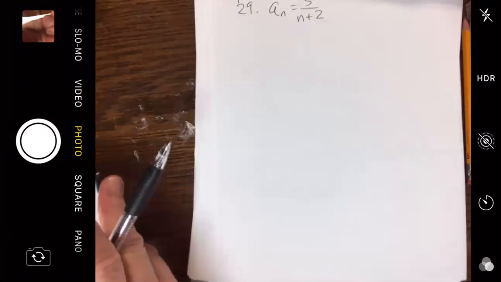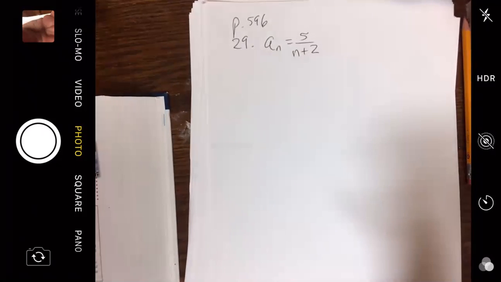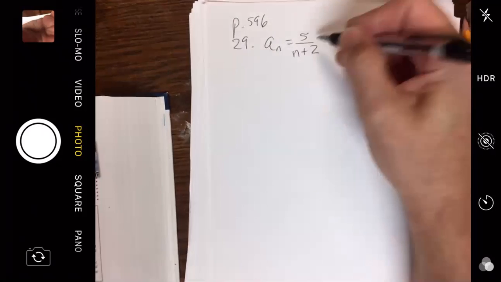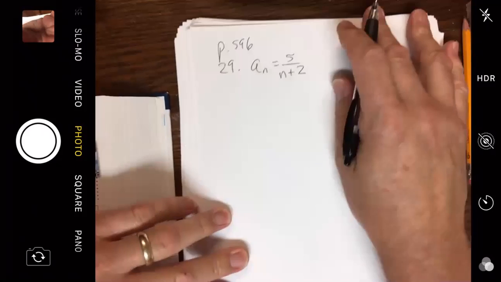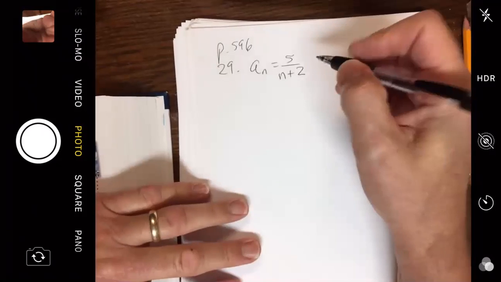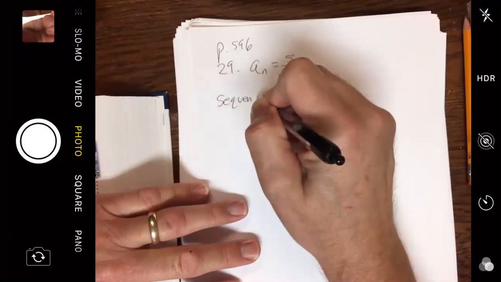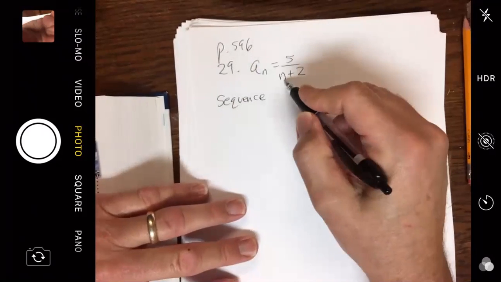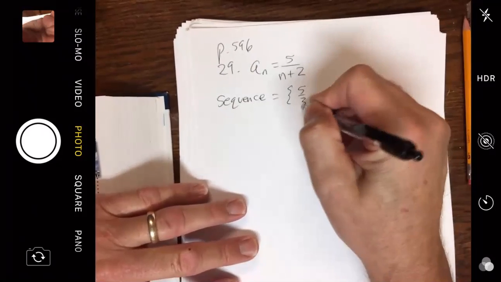They ask it backwards. Okay, so just to show you what this means, I'll write out a few terms just so it isn't total gibberish. You basically have a sequence, and if n is 1, you're at 5/3.